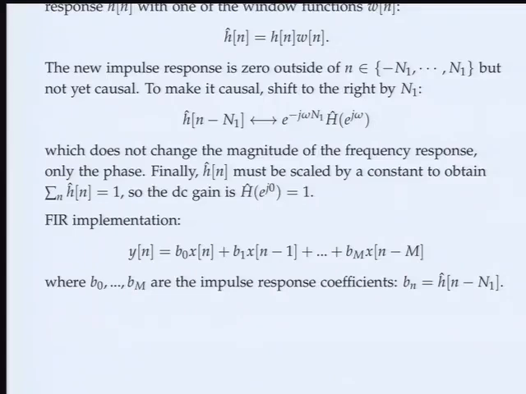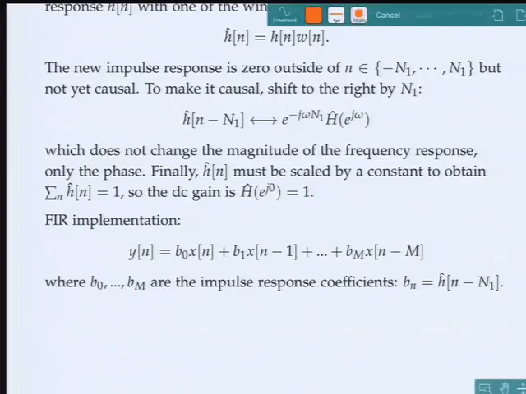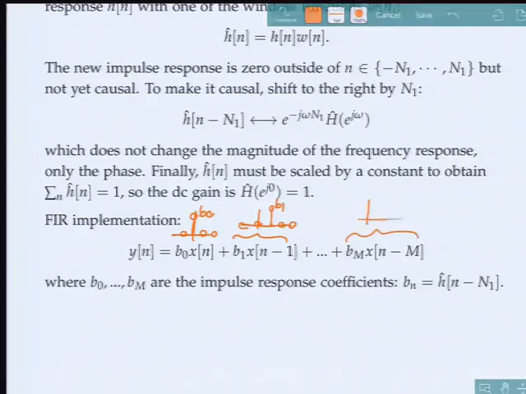So this guy here is B0 delta of n. This is B0. What is this guy? It's a delta centered now at 1, so B1 elsewhere equal to 0. And this is centered at M. Everything else is 0.